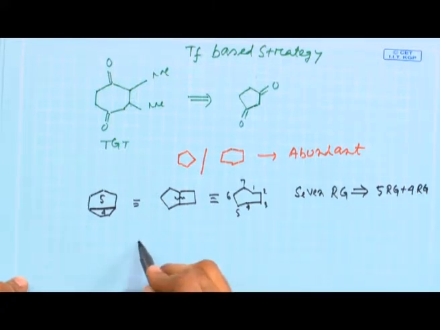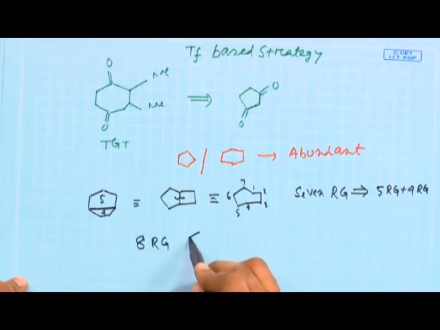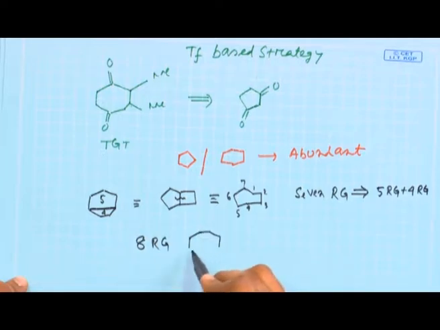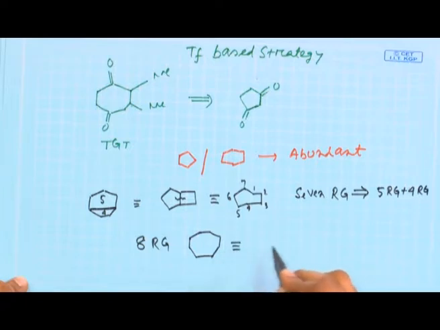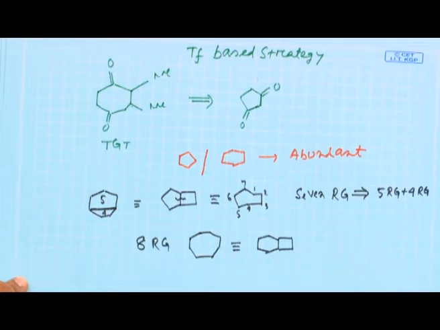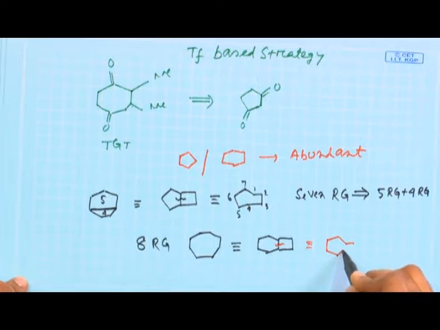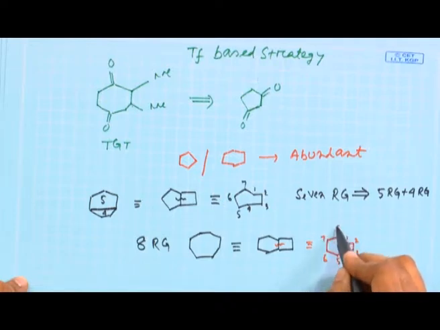In a similar way, if you have an 8 member ring, which might be a target molecule, then you can do this disconnection here and you will basically get 1, 2, 3, 4, 5, 6, 7, 8.